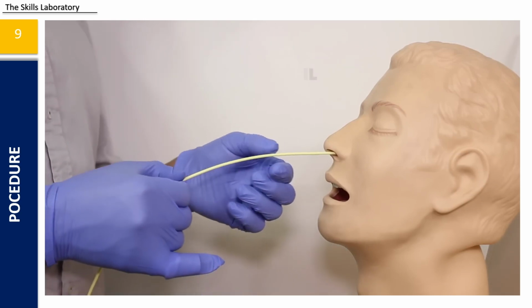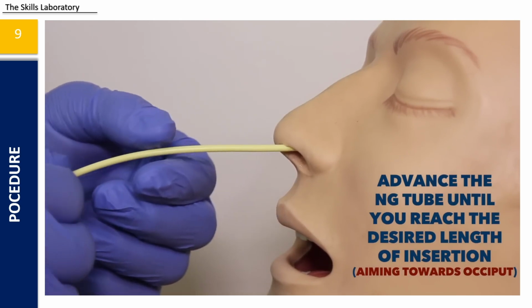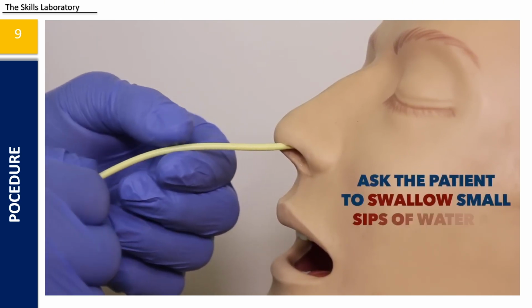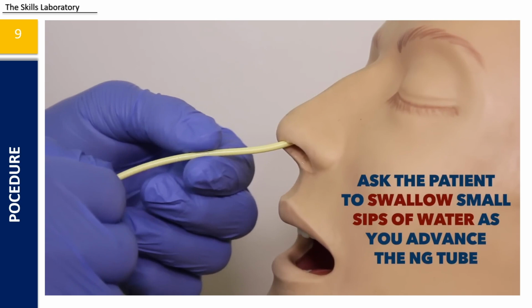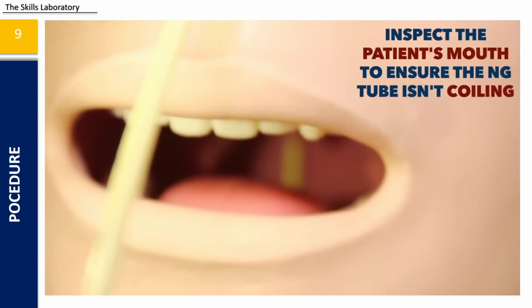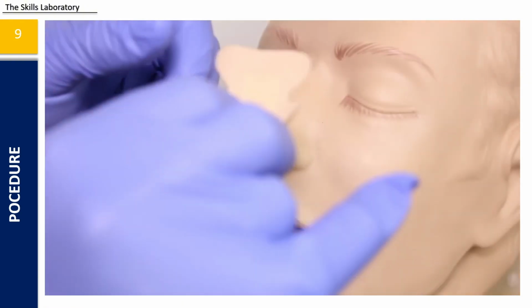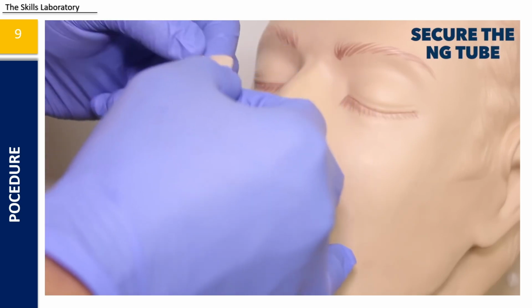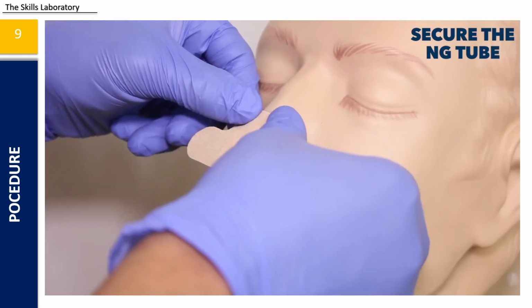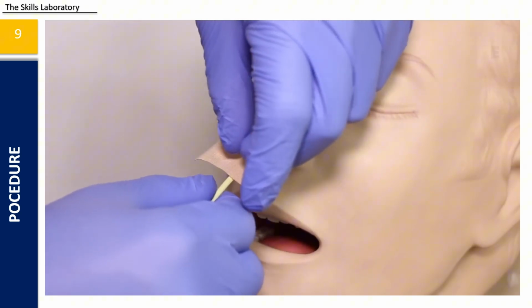You insert the tube. While advancing, you have to tell the patient to swallow. Yes, if you meet any obstruction, you check the mouth for any coiling. And then, what's lacking here is that before you secure the tube, you take note of the proper placement, okay?